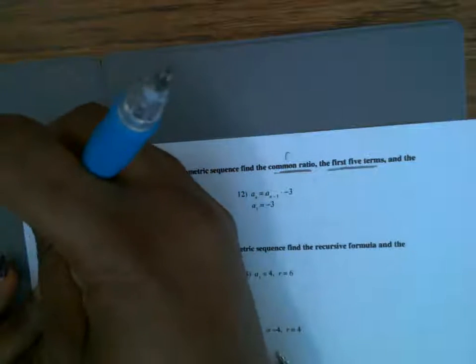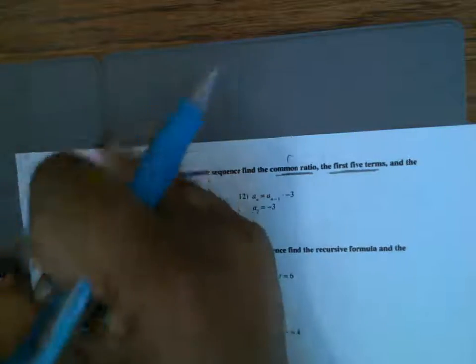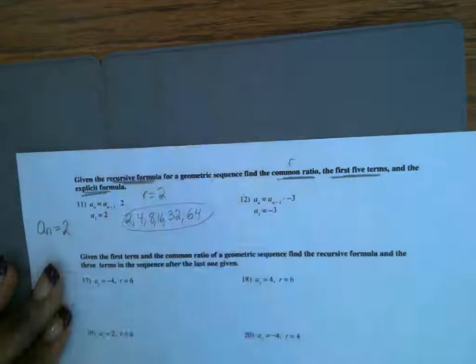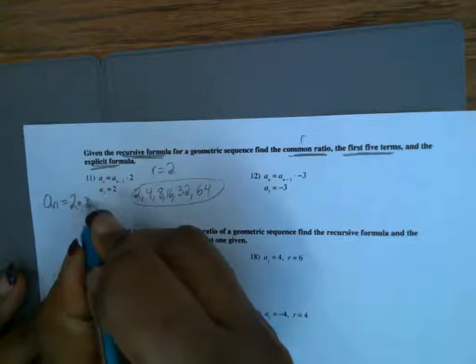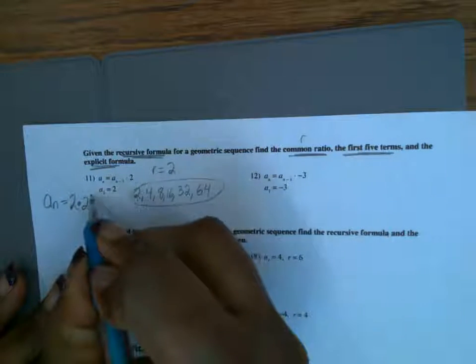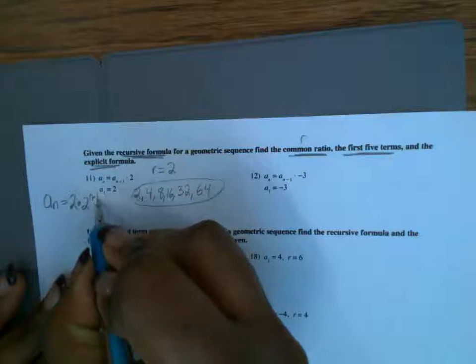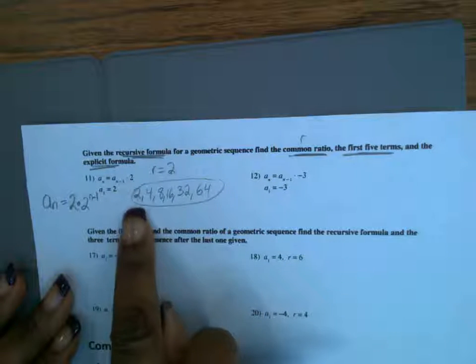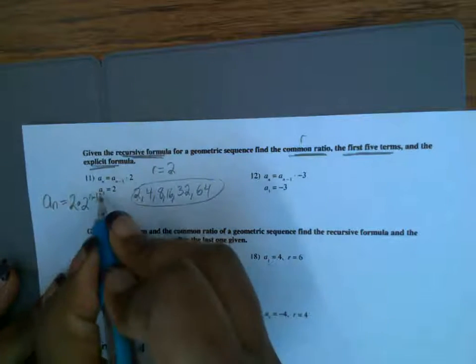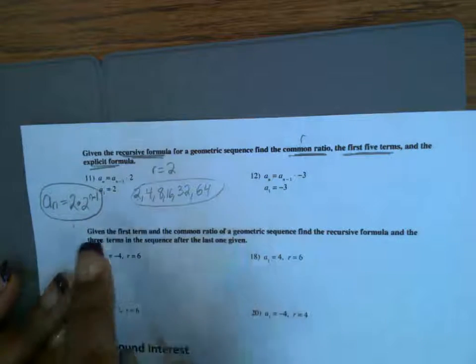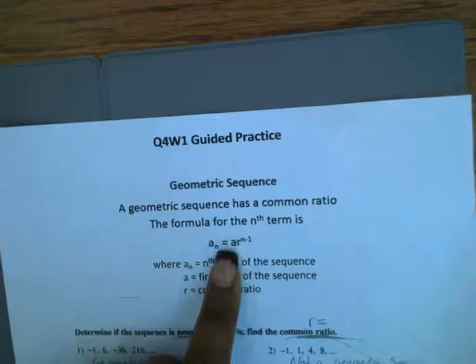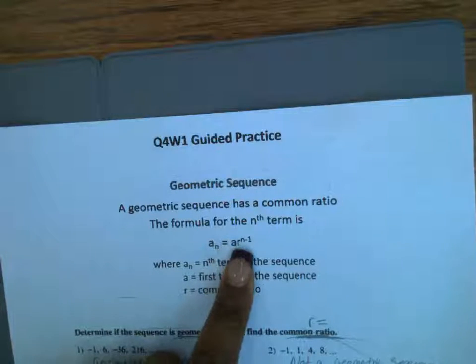So we're going to go ahead and put 2 here. The common ratio is also 2, so we're going to put times 2, and we're going to raise it to the n minus 1. Because we didn't use the 0 number, we used the first number in the list. So this is our explicit formula. And again, we got our explicit formula right here. The first number, the common ratio raised to the n minus 1 power.